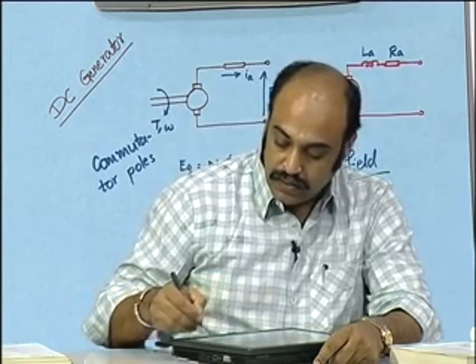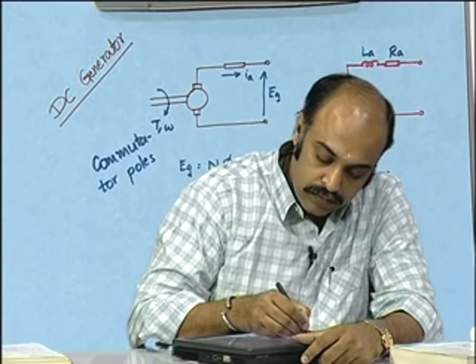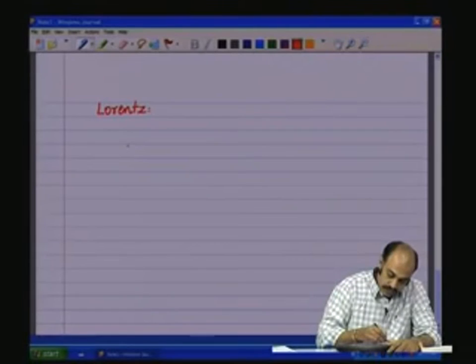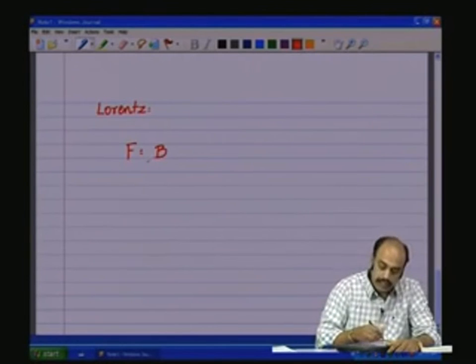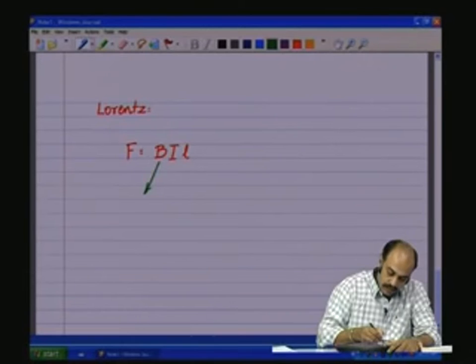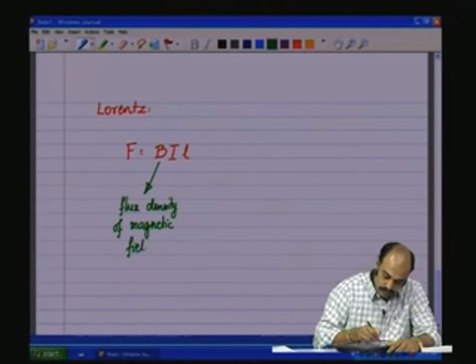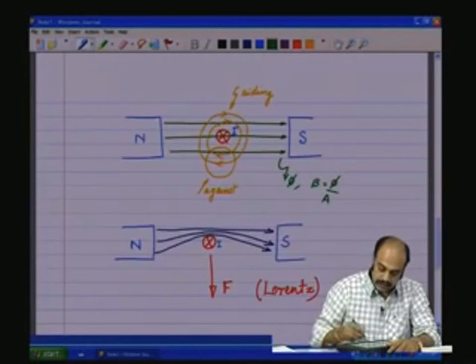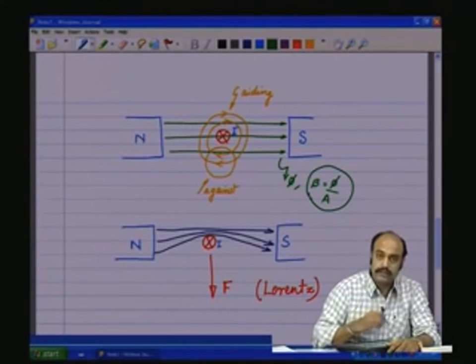So, what is the value of this Lorentz force? The Lorentz force F is given by a very simple equation, F = B into I into L, where B is the flux density of the magnetic field, and in this case it is the flux density of the north-south magnetic field that is being applied, which is this.